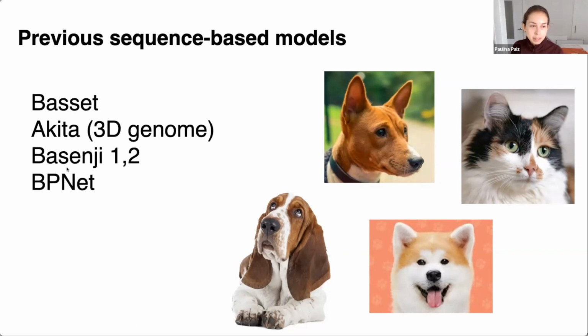And then BPNet is one from the Kundaje lab that Ziga, the first author, also worked on, but I don't think it's mentioned in the paper. And if you haven't made the relationship, most of these names come from cats and dogs.